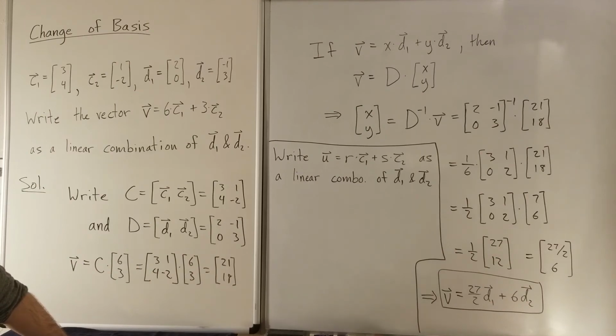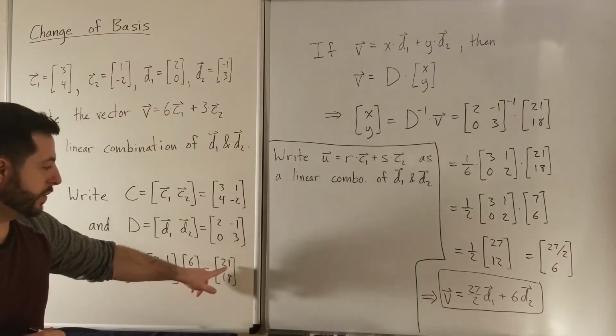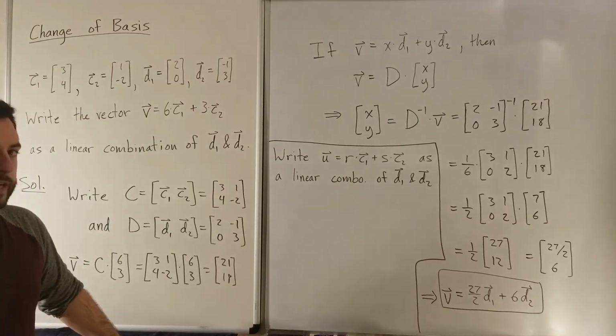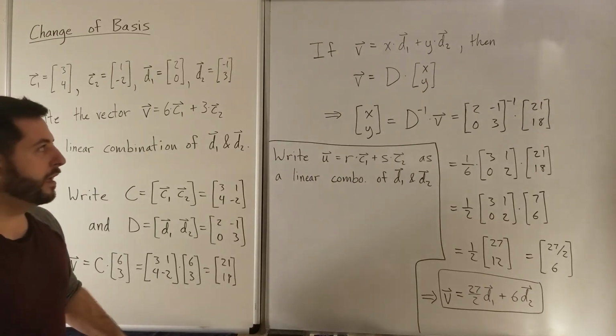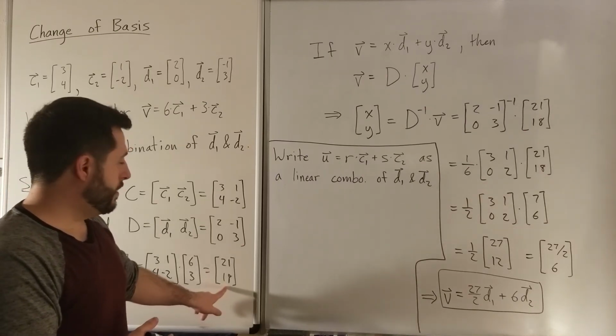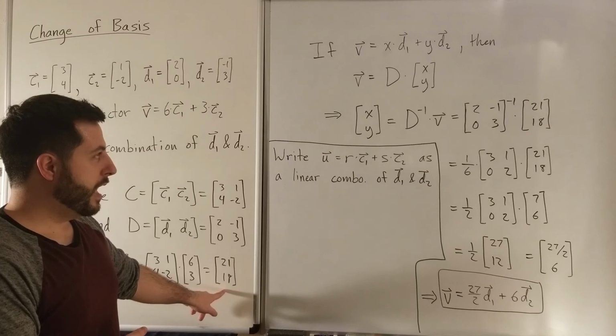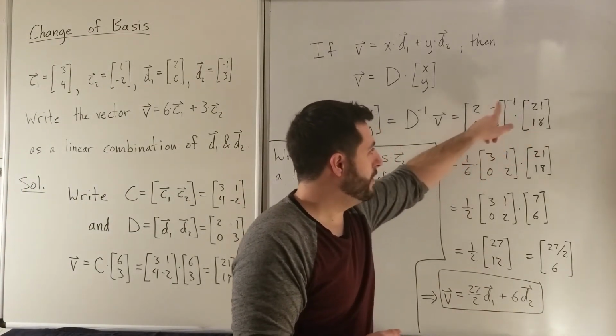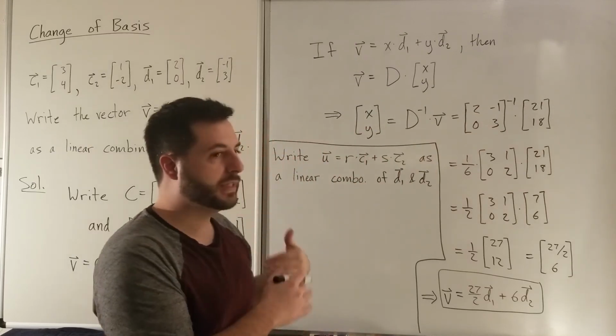That's the same thing as switching V into the standard basis. So it was in the C basis, the 6, 3 representation, and this new representation, 21, 18, is the standard basis representation of the same vector V. We then took that standard basis representation of V and multiplied it by D inverse to switch it into the D basis.